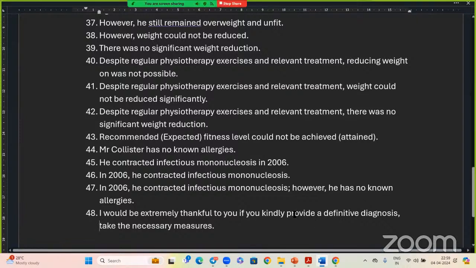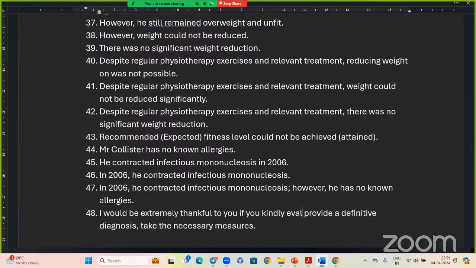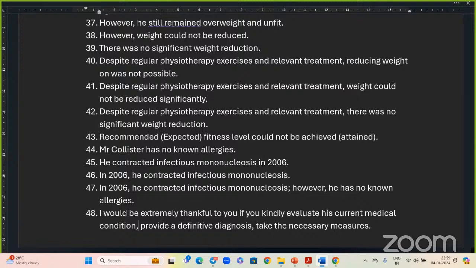If you kindly evaluate its current medical condition, provide a definitive diagnosis and take the necessary measures. I would be extremely thankful to you if you kindly evaluate the current medical condition, provide a definitive diagnosis, and take the necessary measures.